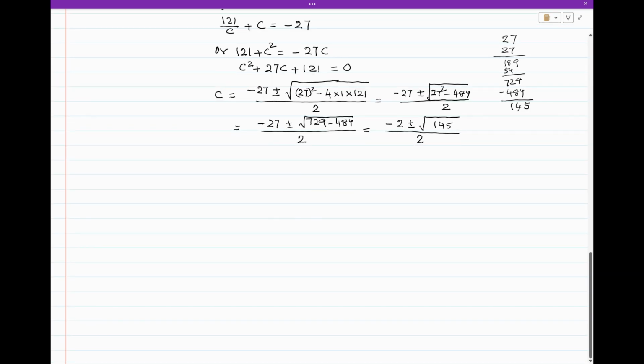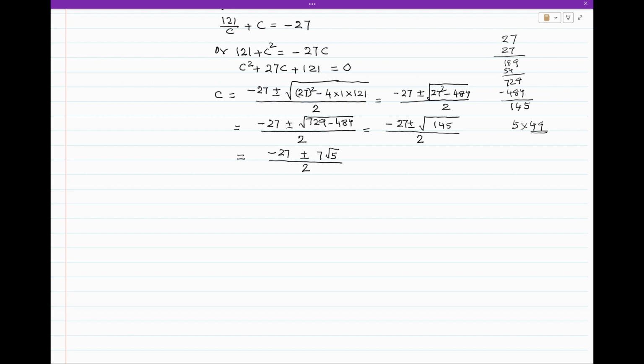We can write it in a further simplified term: 245 is 5 into 49, and 49 is the square of 7. So we can write minus 27 plus minus 7 square root of 5, whole divided by 2.